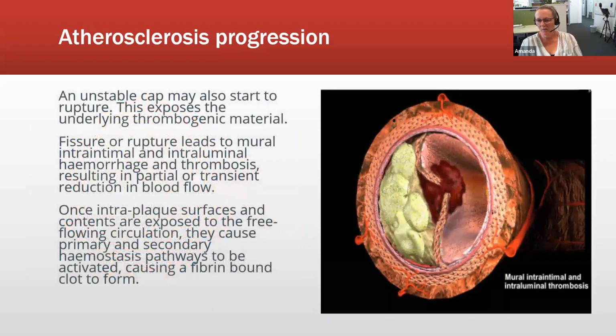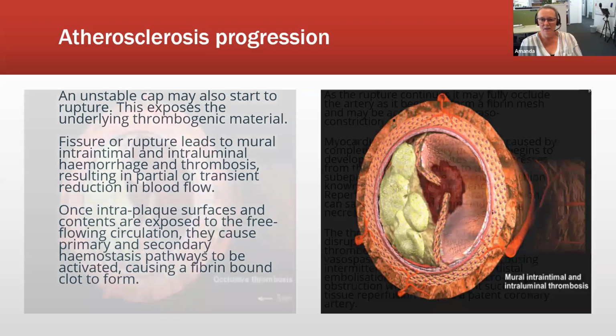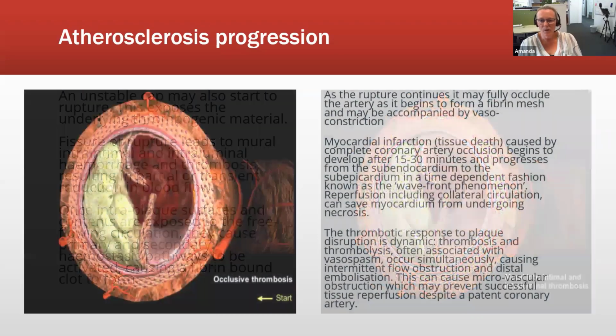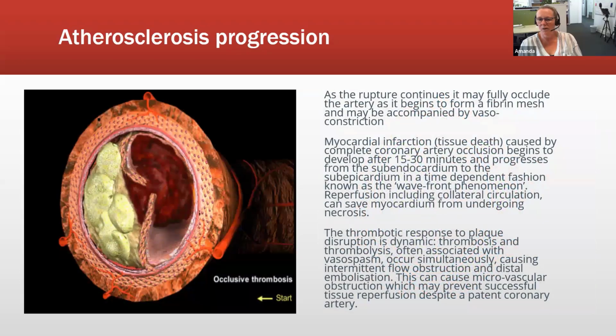And when that ruptures, the body then sends thrombus to try and block this bleeding and reduce the blood flow. And if that continues, then we end up with a complete blockage of thrombus, which is why we would give someone antithrombolytics.